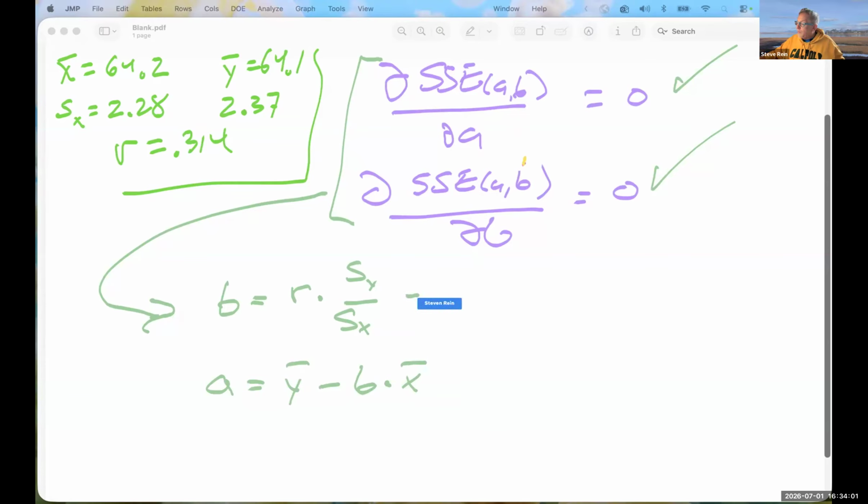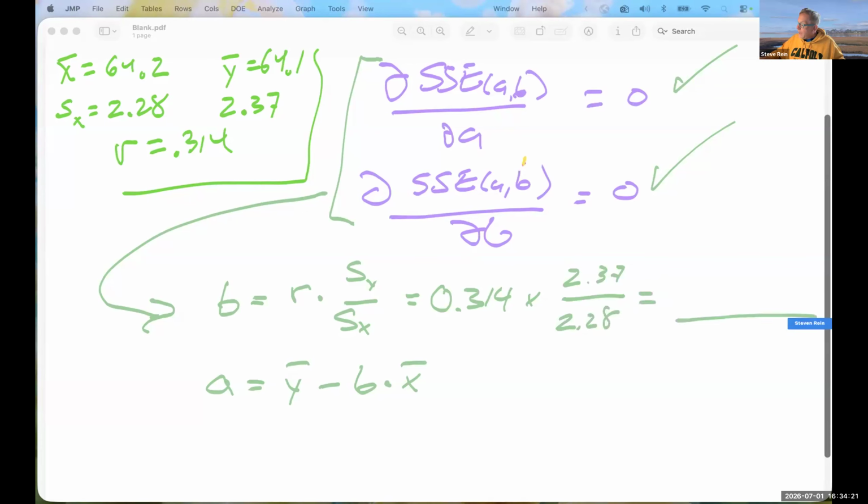So here's where I'm going to need a little bit of calculator help because I don't have one in front of me. I'm going to plug in my numbers for R, 0.314, times the standard deviation of y, that's 2.37, divided by the standard deviation of x, that's 2.28.